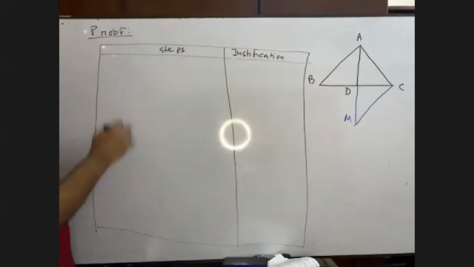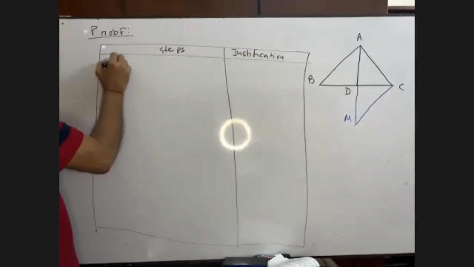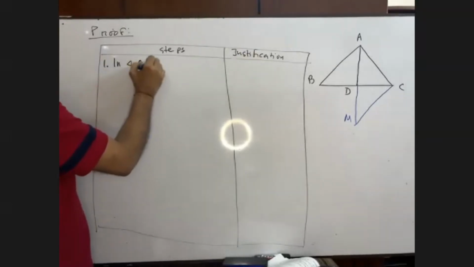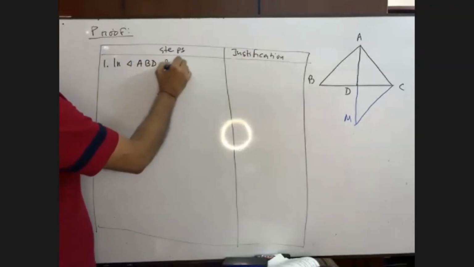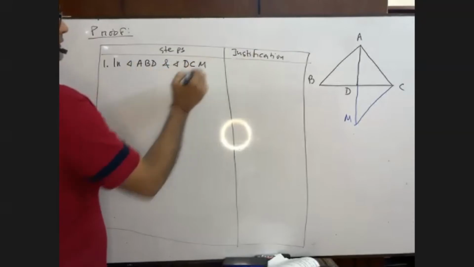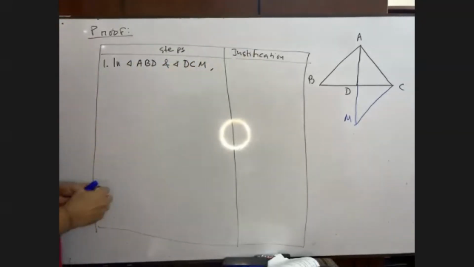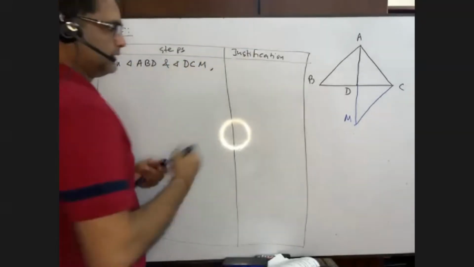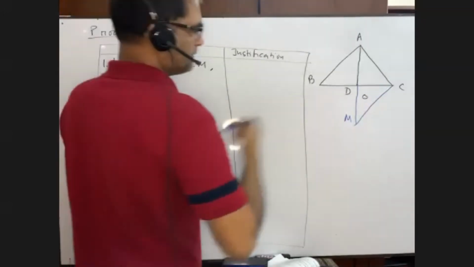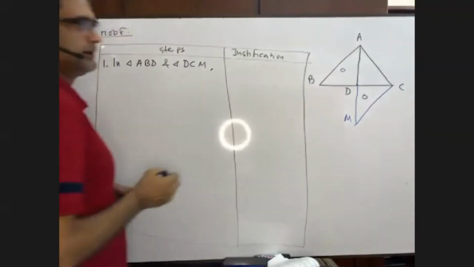Okay, write down number 1. In triangle ABD and triangle DCM, what two triangles have I considered? I have considered this triangle and this triangle. Have you seen the triangle?